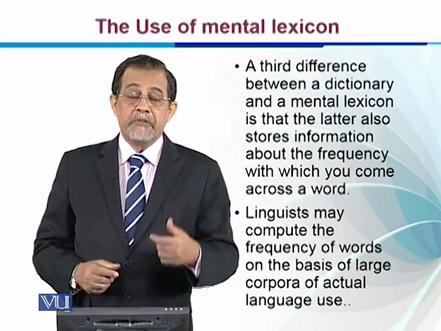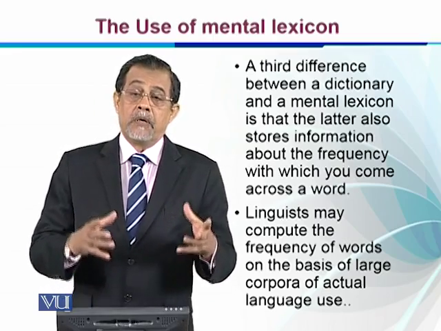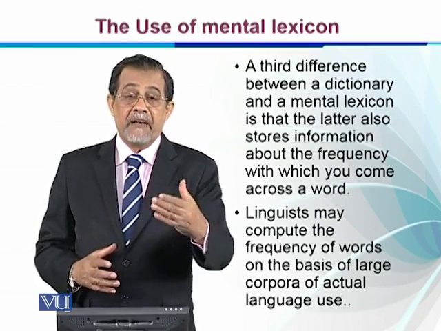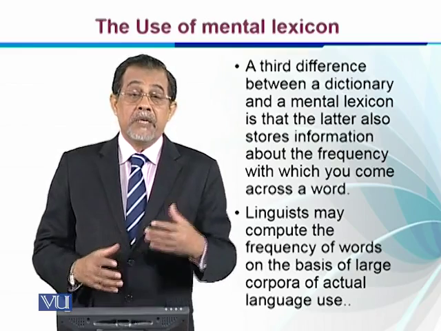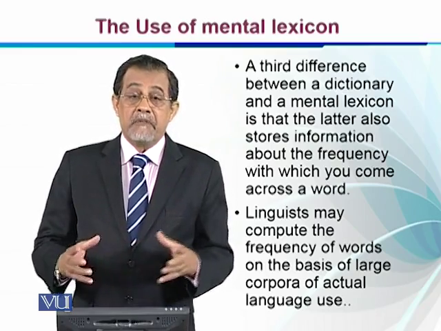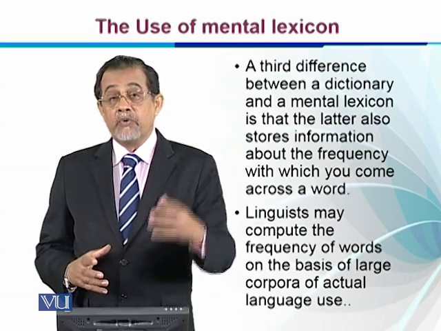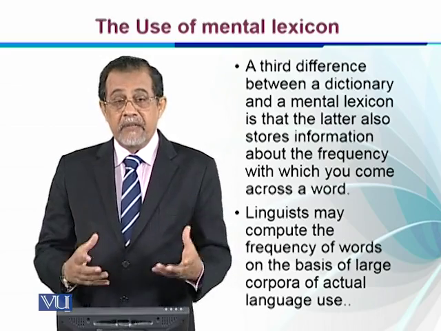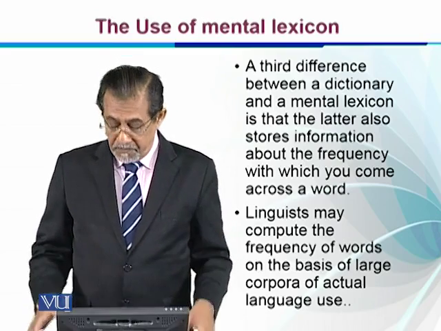They find the words from the large treasure of words that they have, the corpora. We discuss it in Introduction to Linguistics, corpus linguistics, in which we discuss how dictionaries are compiled, and where they get their material from.